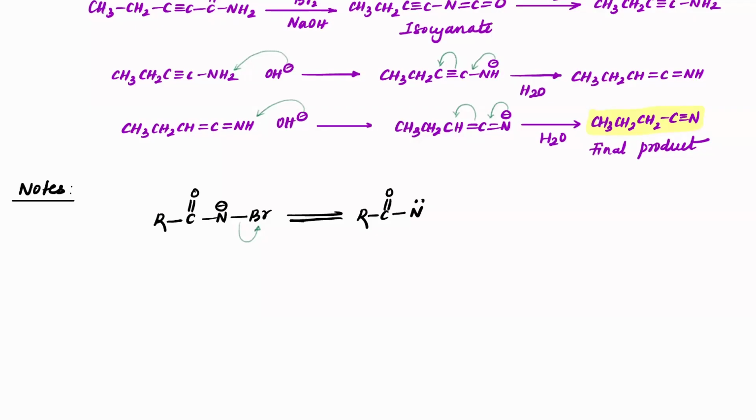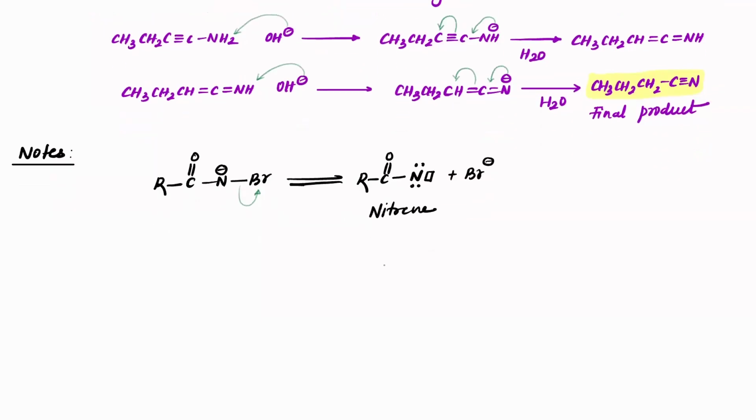And one more lone pair is already there with it. And now an empty orbital with Br minus. This is called nitrene. Okay.